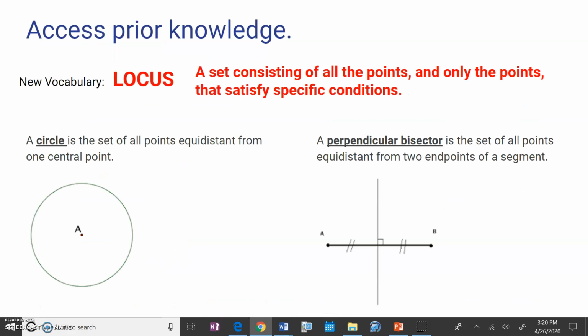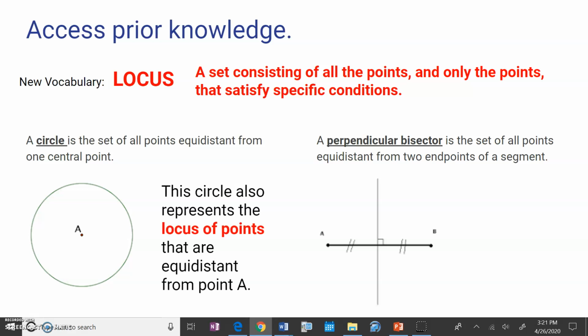Now in this next slide, we're going to define that again. I'm going to go through that again a little bit slower for each of these. We have circle A there, and it's the set of all points that are equidistant from that central point A. But another way of asking that is I could say I want to know what is the locus representing all the points that are the same distance from A, or that are 3 centimeters from A, however I would define that.